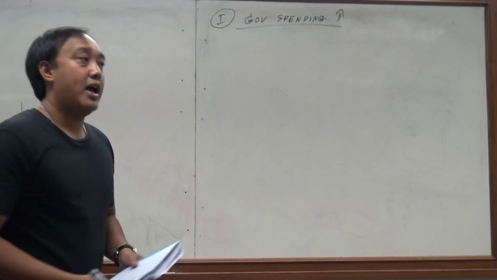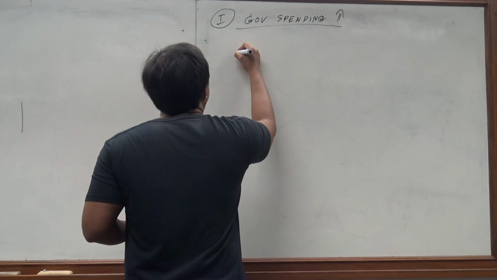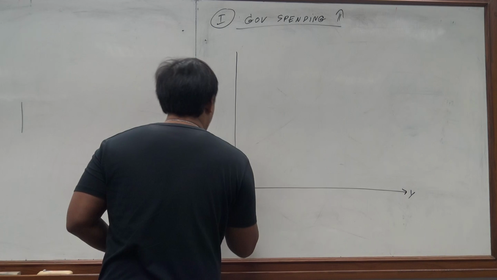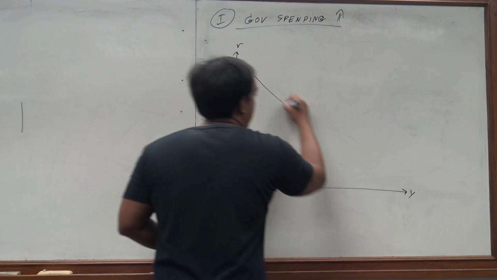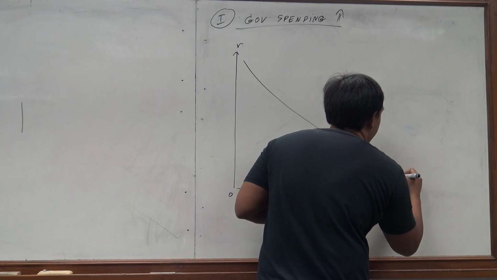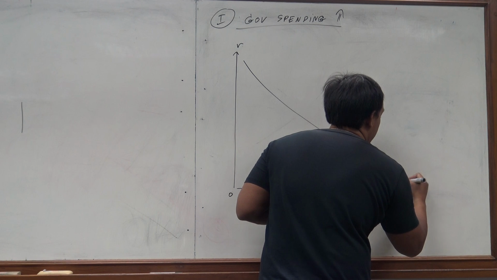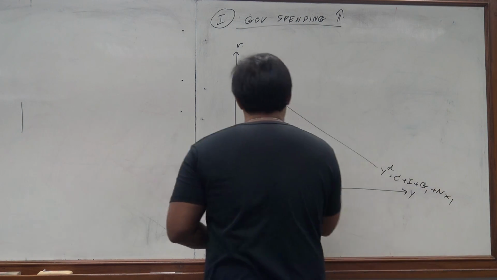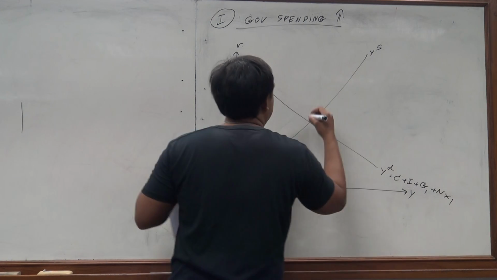increases. Okay, if the government spending increases, this is Y, O, R. This is YD equal to C plus I plus G1 plus NX1. This is YS.